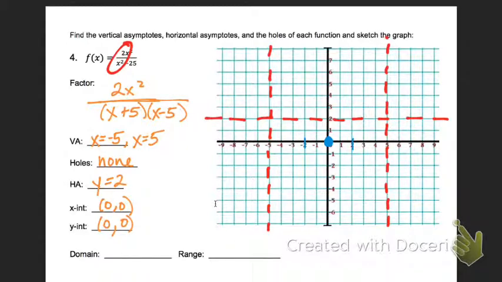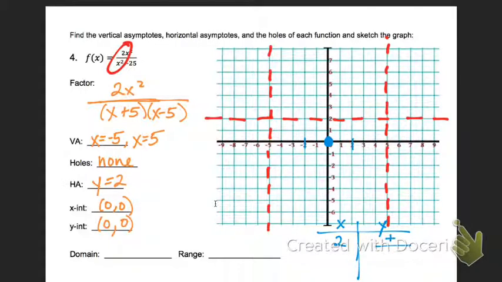If I plug in 2, I'm going to make a little chart here, x and y. I just need to decide if it's positive or negative. All I need to know is, is it going up or going down? When I plug in 2, I get 2 times 2 squared, which is positive on top.